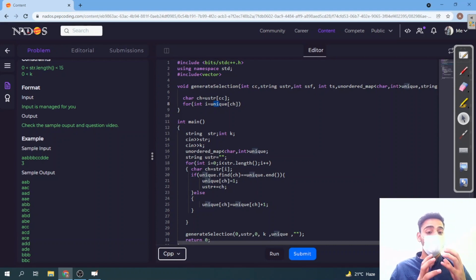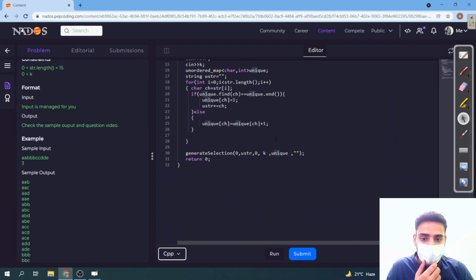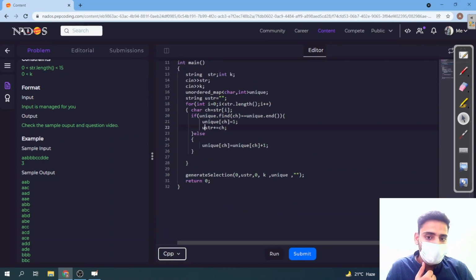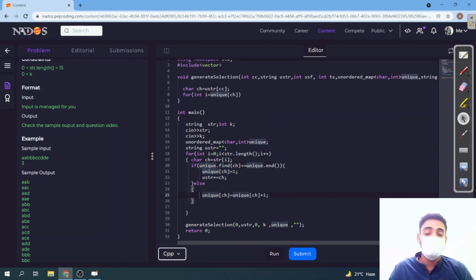We have used an unordered map to track the occurrence of any specific character, right? Here, let's have a look. When we made this unique string, we used this map also to add that character the number of times it is there, right? So we are using this unordered map to track the occurrence of any specific character.